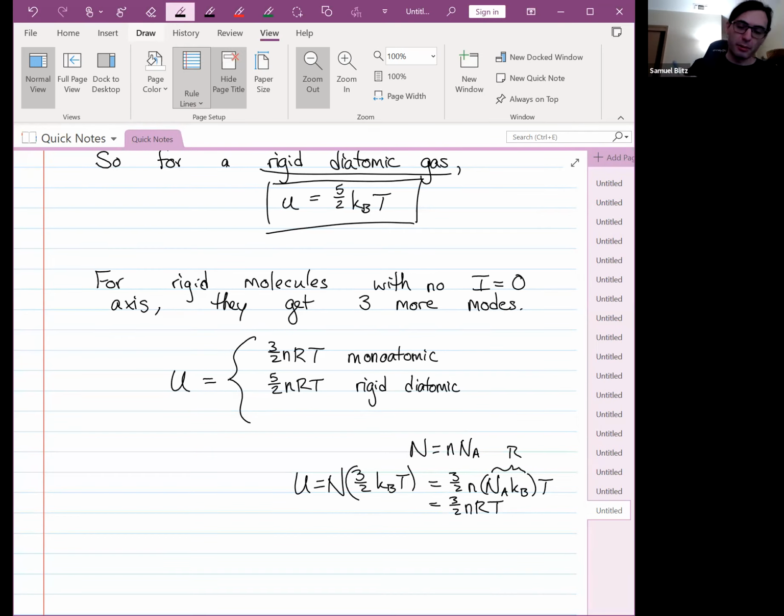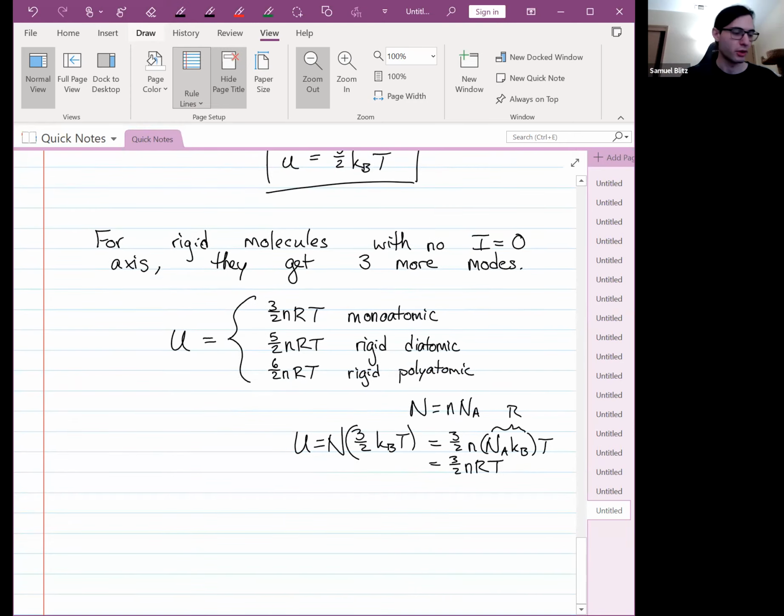For a rigid polyatomic molecule, you have 6/2, or 3, but I'm going to write it as 6/2 so you can see the pattern. By the way, generically, when we say polyatomic, we mean some molecule that is not just one long line. We mean the generic molecule, like something such as three atoms arranged in a triangle. That would be a generic polyatomic molecule.